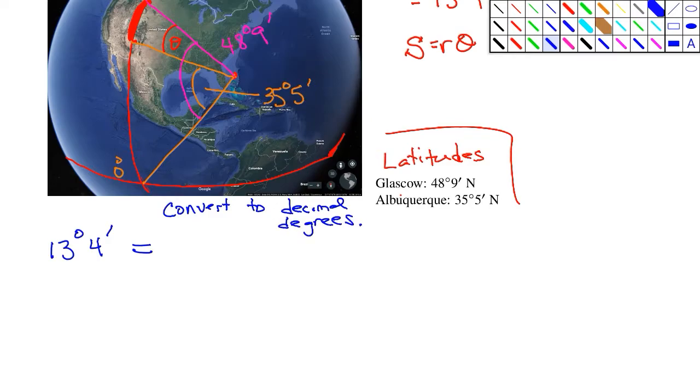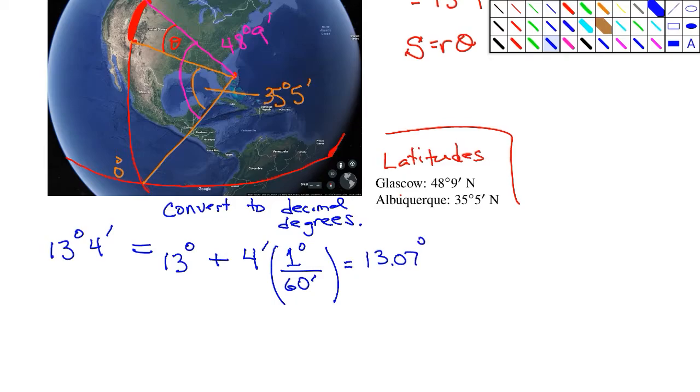If you just type 13 degrees, 4 minutes into your calculator and press enter, it will return the answer in decimal degrees. If you don't have a calculator that will do that, here's the method. You say 13 degrees plus 4 minutes, and the conversion factor from minutes to degrees is 1 degree over 60 minutes. This is 13.07 degrees.